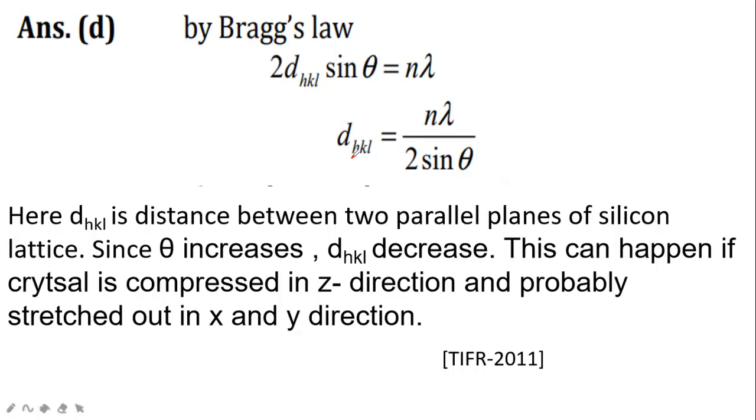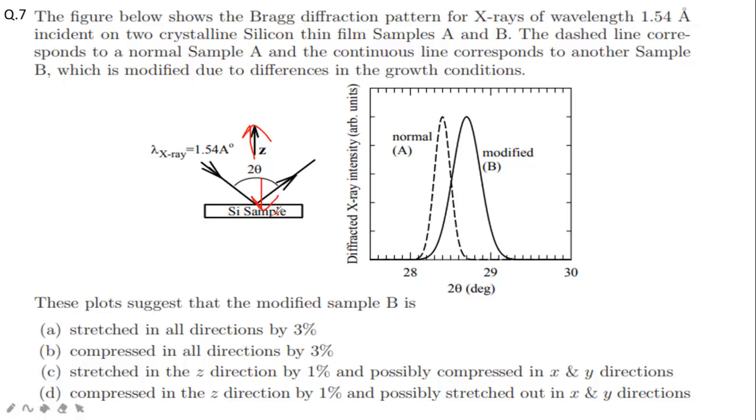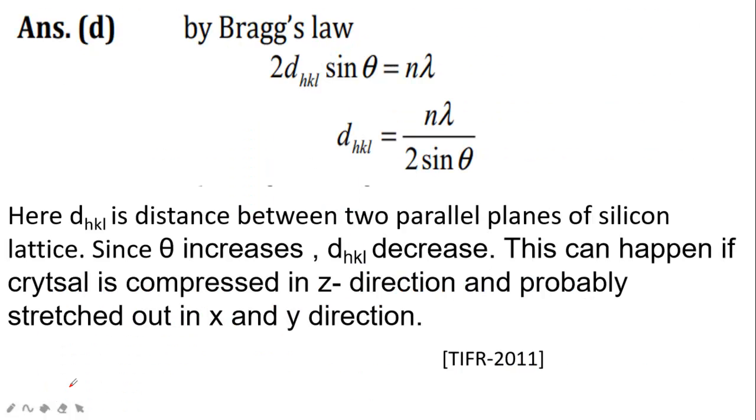When d increases, x and y will automatically stretch out. So the correct option will be option D, compressed in z direction and possibly stretched out in x and y direction.